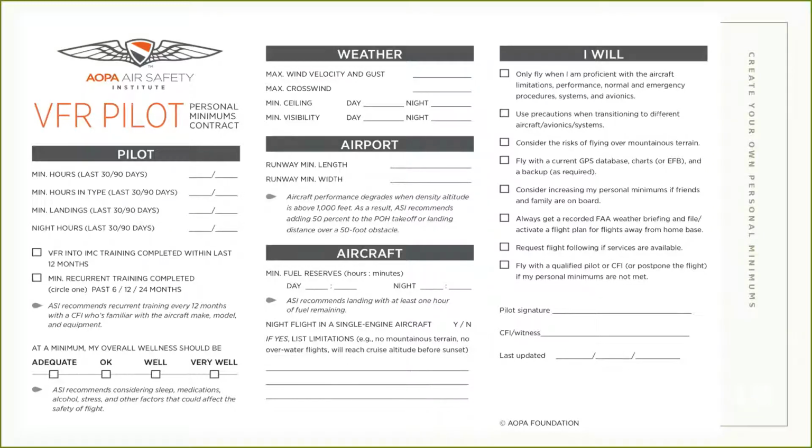My experience flying in turbulence, in the mountains, in different scenarios allows me to have different minimums than someone with my same number of hours because I have different experiences, and vice versa. I might want to be more conservative with my minimums around some storms down in Florida than people who are down there all the time. Okay.